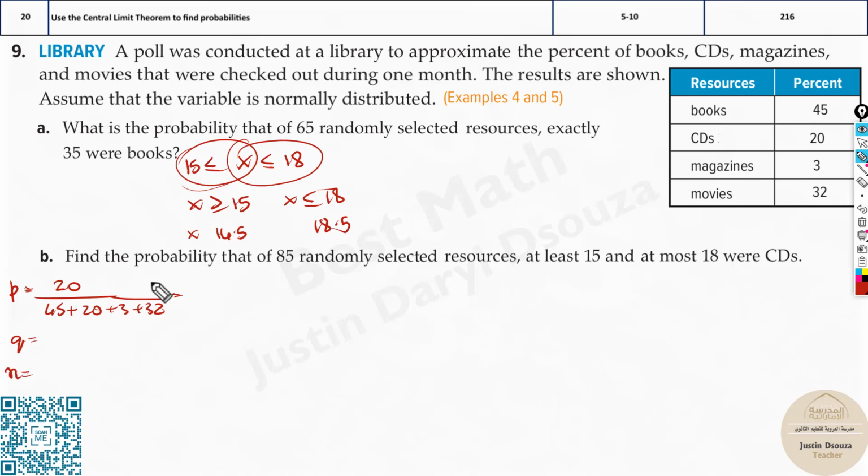What is the n value? n is given as 85. The mean will be n times p, and the standard deviation will be the square root of n times p times q.